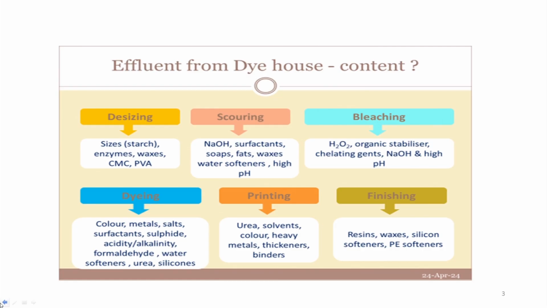If it is going through printing, then urea, solvent, color, heavy metal, thickeners, binders, etc. will be present. And when finally it is going for finishing, it will have resin, waxes, silicone softener, PE softeners, etc. So, you see that there are a variety of compounds, and we have seen this time and again in many of the lectures.